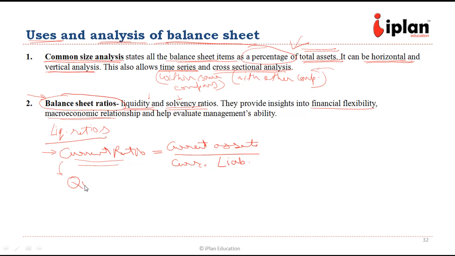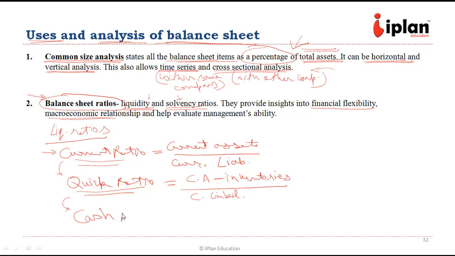The other type of liquidity ratio could be the quick ratio or acid test ratio, which is the current assets minus inventories. Here we are assuming that inventories may not be able to be converted into cash very easily. So current assets except the inventory divided by current liabilities. That gives us an even better picture of the liquidity.